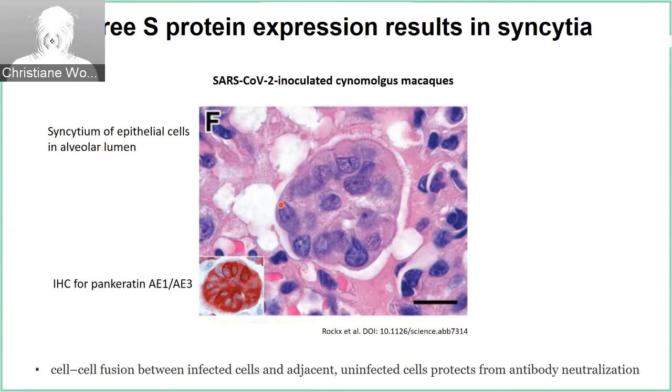Infected cells that are expressing S in the cell membrane can then fuse with uninfected cells to make these multinucleated structures, and this also helps the virus hide from antibody neutralization, because now it can infect a new cell without even leaving the protection of the cell membrane.